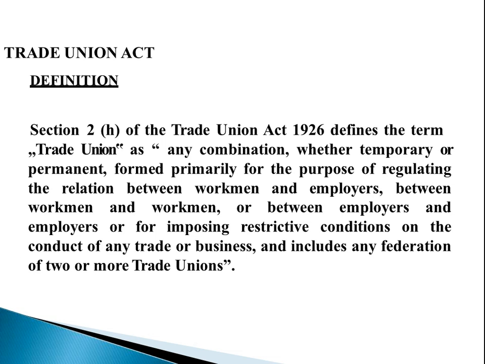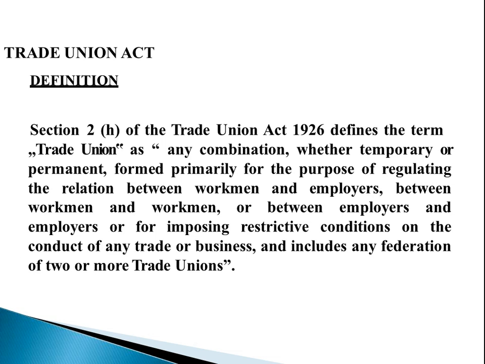The trade union definition is: any combination, whether temporary or permanent, formed primarily for the purpose of regulating the relations between workmen and employers, between workmen and workmen, or between employers and employers, or for imposing restrictive conditions on the conduct of any trade or business, and includes any federation of two or more trade unions.